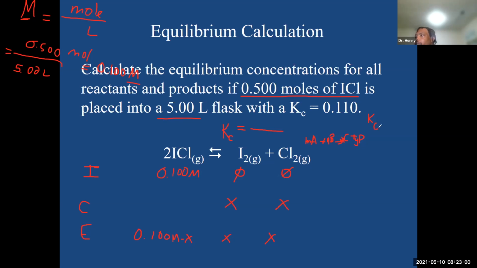So why is it important that we put those coefficients? Somebody was right when they said, is it going to be products over reactants, or is it going to be reactants over products?